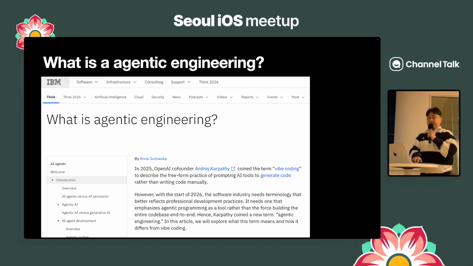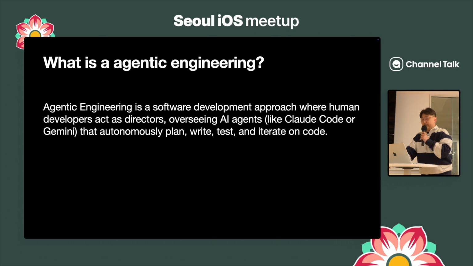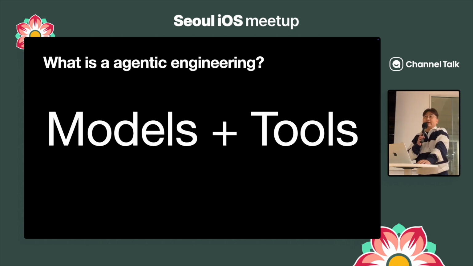What is agentic engineering? Agentic engineering is a software development approach where human developers act as directors overseeing AI agents, blah, blah, as you know. But I think agentic engineering can be explained simply like this: models and tools.